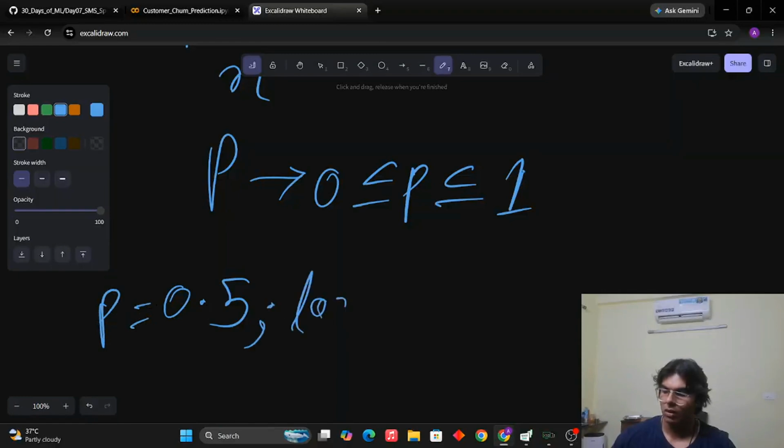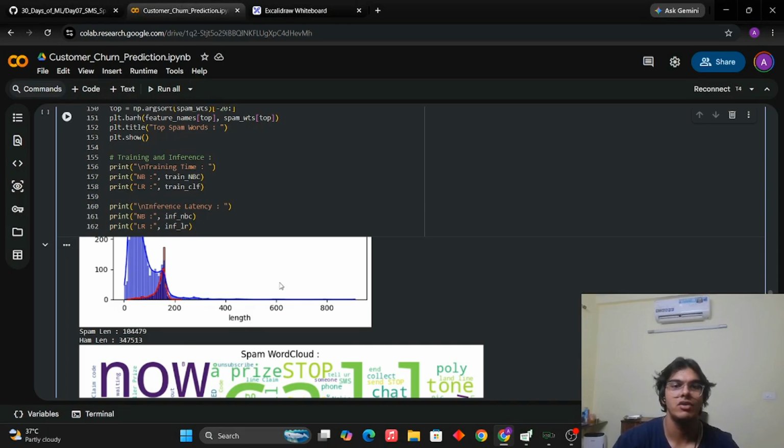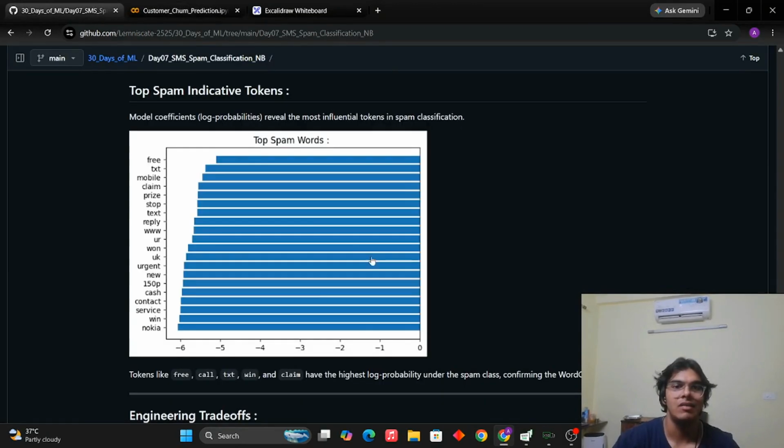We take its log and we plot it. Now the log of this is something negative. That is what has been plotted here, which is why you can see that these values are negative. Nokia is the top spam word, then free, TXT, urgent. These are the top spam words involved.